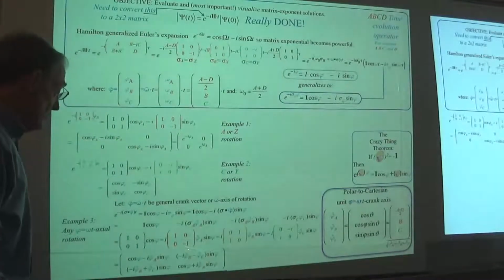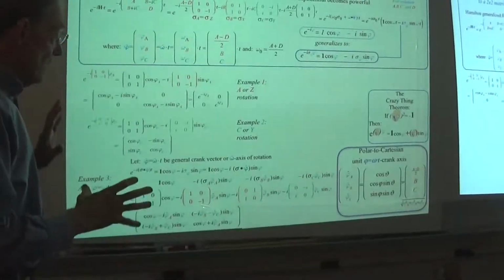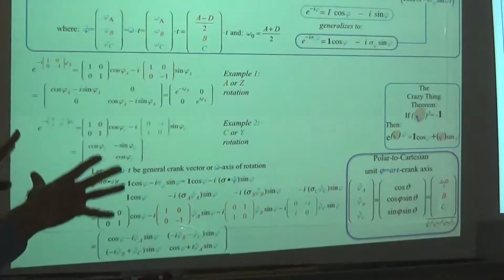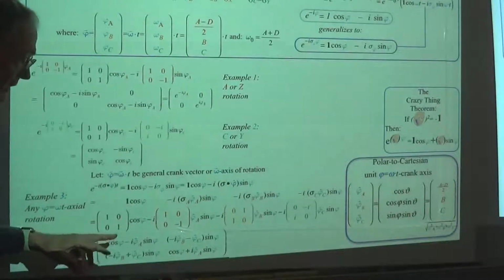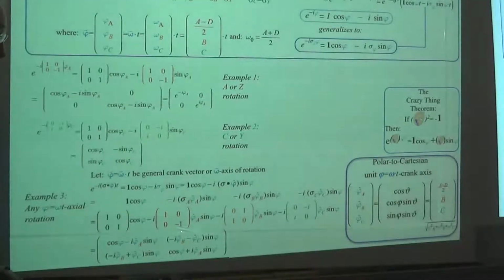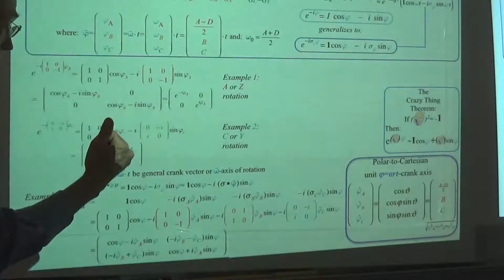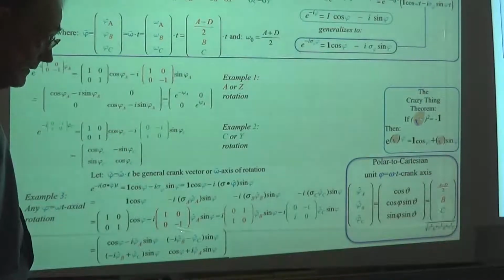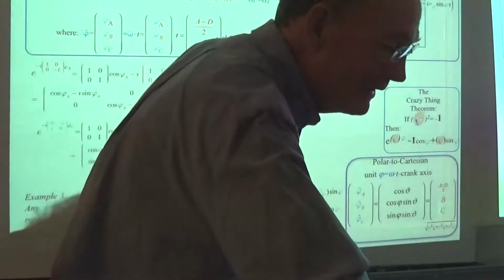Okay? That's what the crazy theorem would ask you to do. And the answer is you get this as a general driver of a two-state system. There's nothing a two-state quantum system can do that isn't contained within this operator. This is the total thing. So this is an operator around some vector that has components A, B, and C. Some crank, and that's what we've got right here.